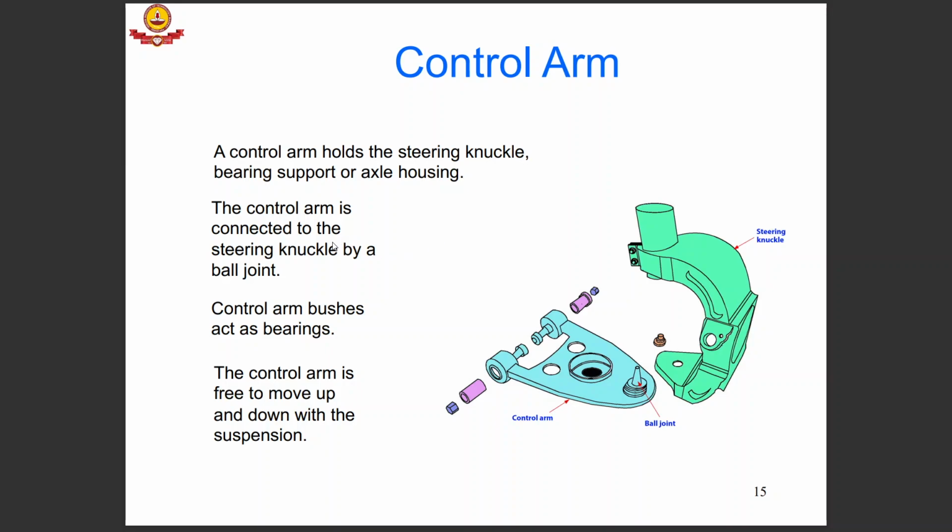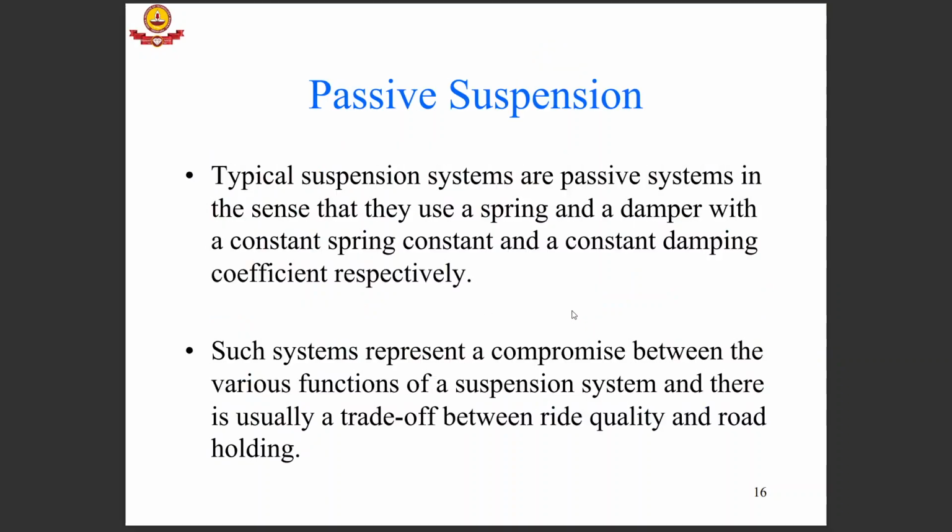The control arm is connected to the steering knuckle by a ball joint as shown here. The steering knuckle is something onto which the wheel is mounted along with the brakes, and it can rotate. The control arm is free to move up and down with the suspension.